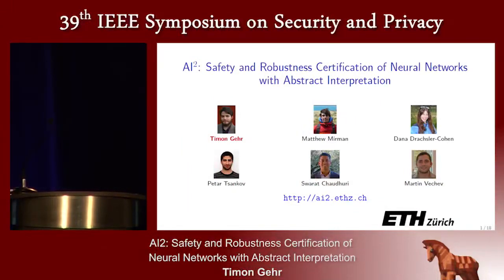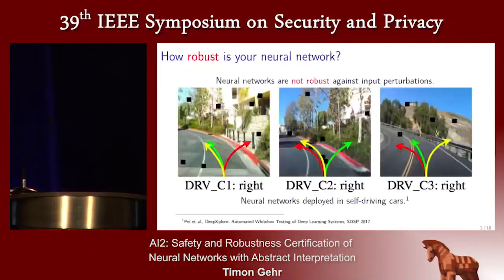So as you all probably know, neural networks are not robust against input perturbations. Here we have three very nice images of roads, and as you can see, it's probably a good idea to go left here.